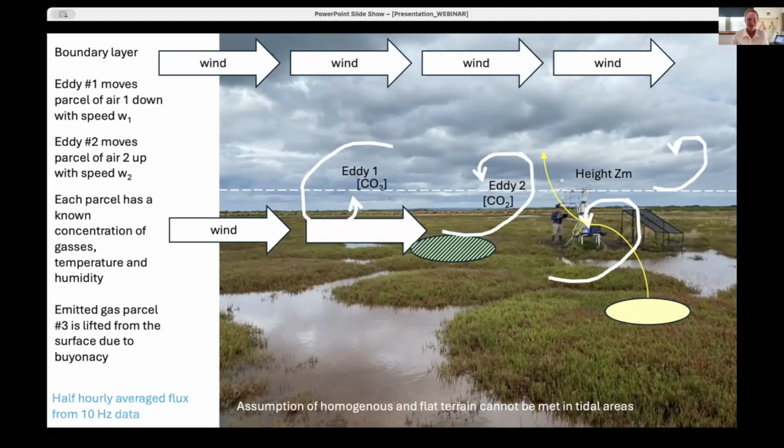We're going to see in a moment what happens, say, at nighttime, where I don't have that radiation imbalance, or during periods of low wind, or periods of actually very high wind, where I have a poorer eddy formation. Another thing we assume is that the surface is homogeneous and flat. And we cannot assume this in tidal areas, which adds a layer of computation.